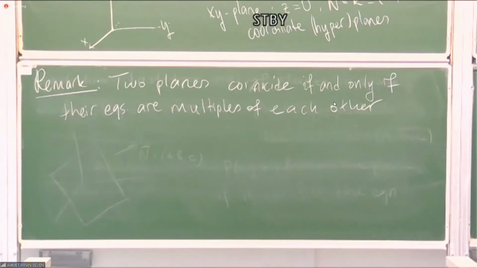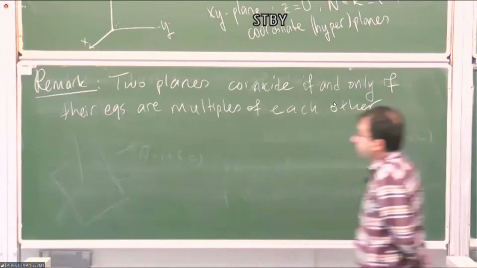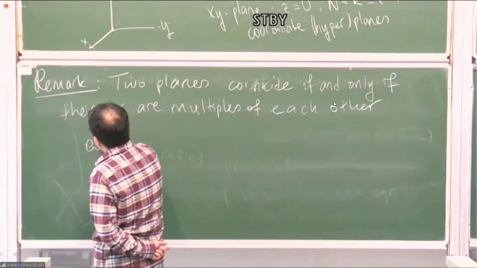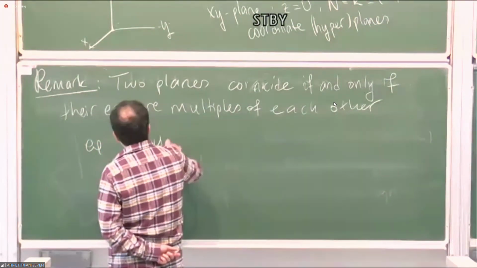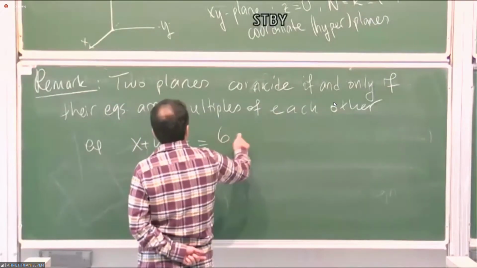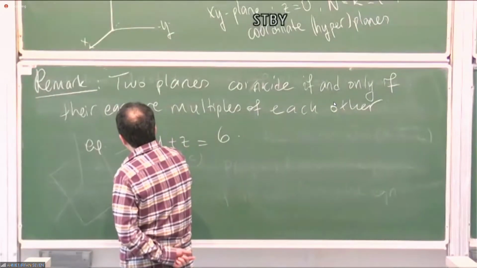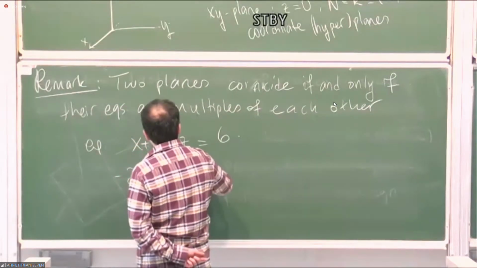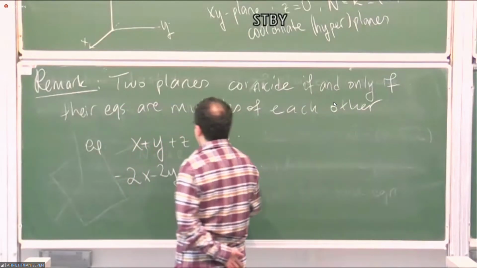For example, x plus y plus z equals 6 and minus 2x minus 2y minus 2z equals minus 12.